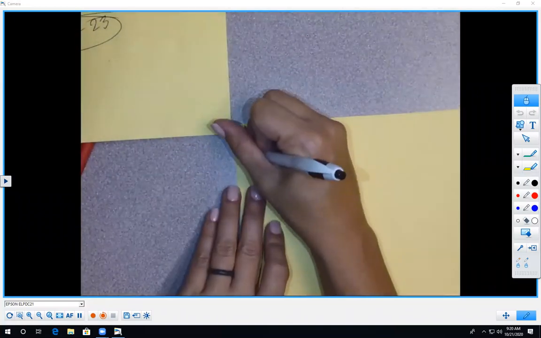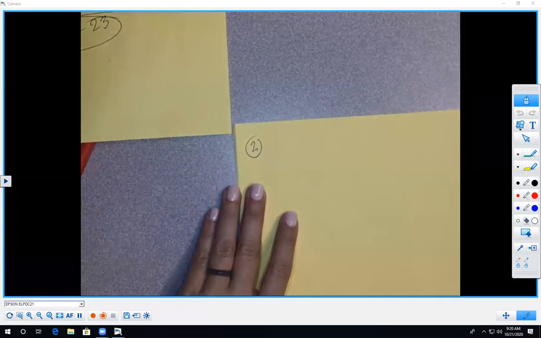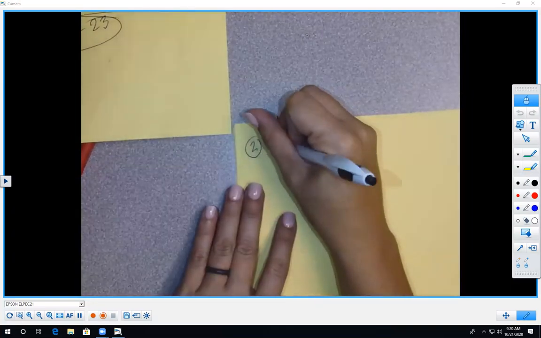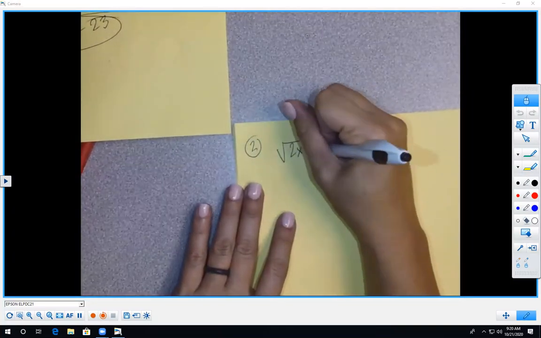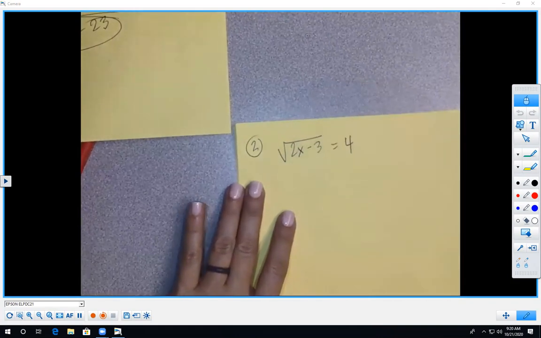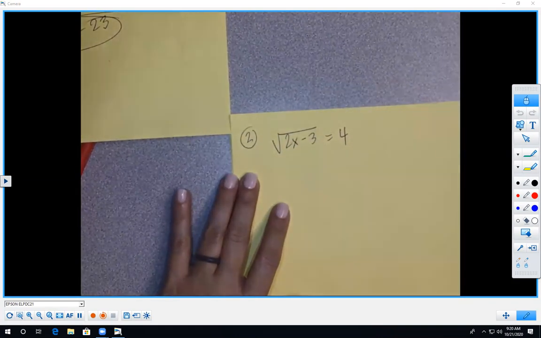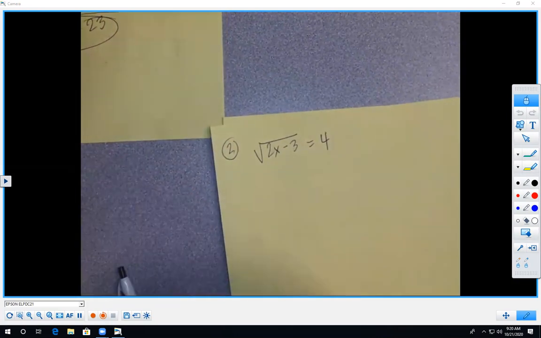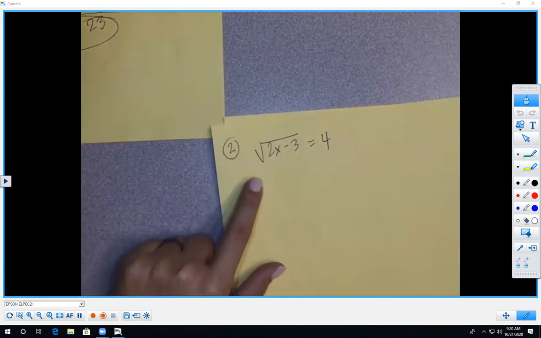Okay, let's do another one. If I had the square root of 2x minus 3 equals 4. What's the first thing I need to do here? Yeah, get rid of the square root.